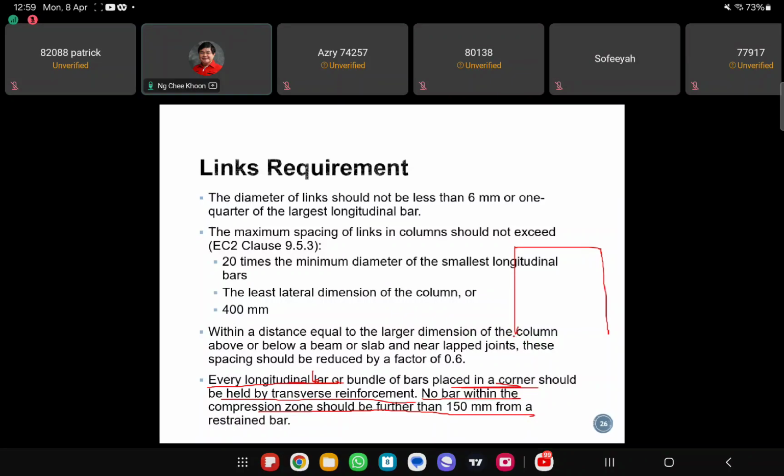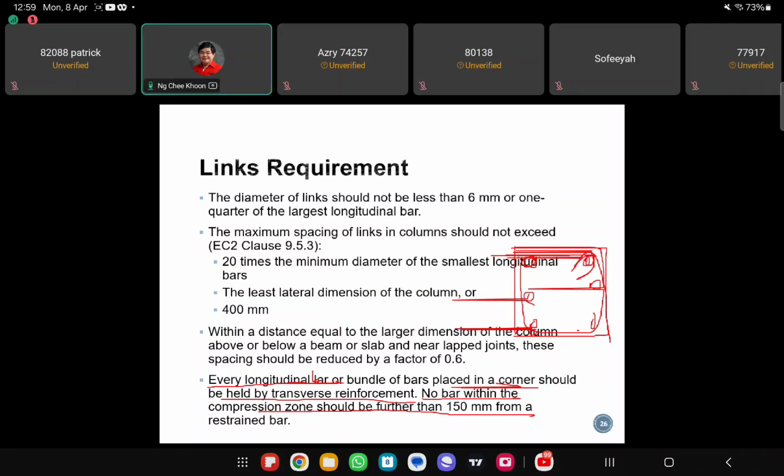If we have a column cross section like this, with a bar arrangement like this, you have to provide links that enclose the corner bars.